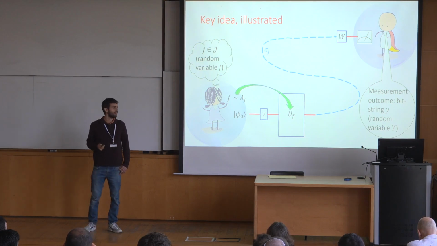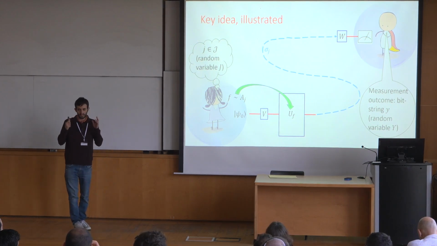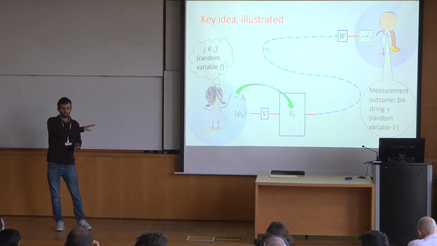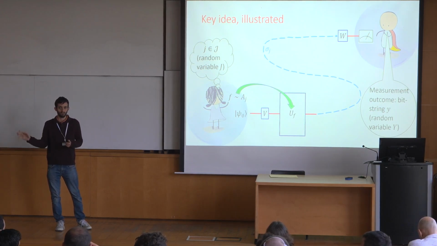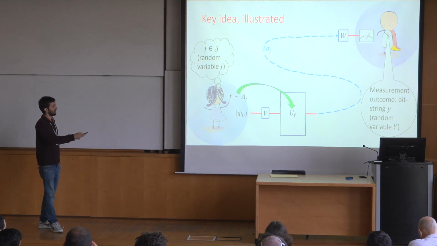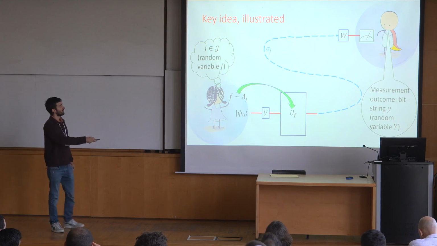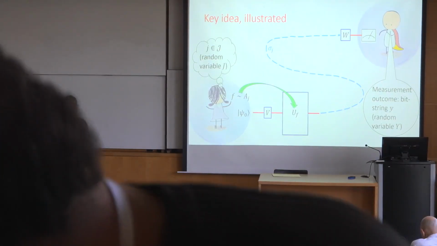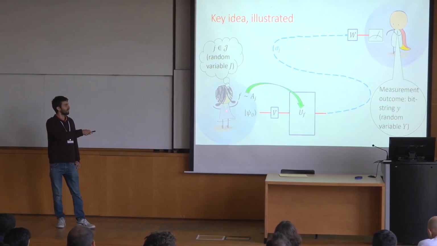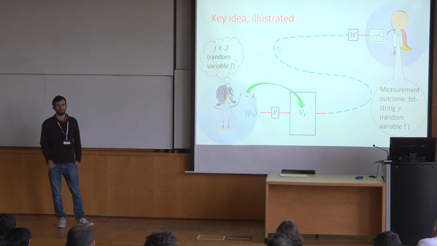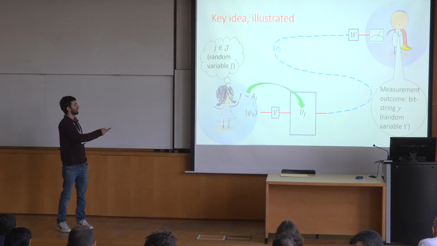So here's the key idea. The key idea is an analogy between the problem I just mentioned and a quantum communication task. So first, what is a task? A task is very, very basic. We have Alice and Bob, and they agree on some finite alphabet, script J. And Alice wishes to send some message to Bob. And the message is an element of this alphabet, a letter.